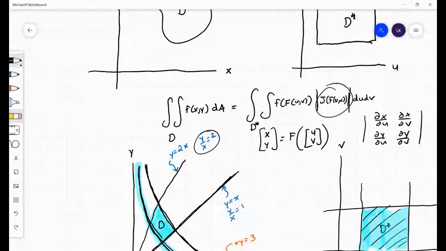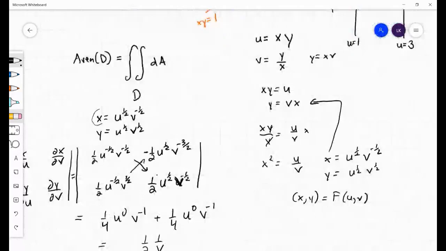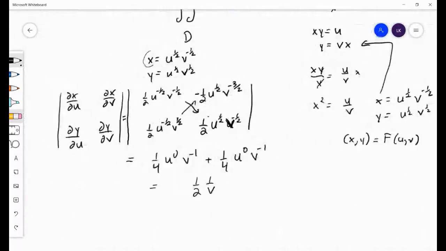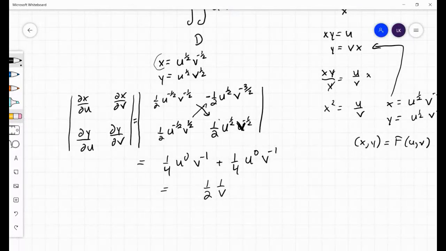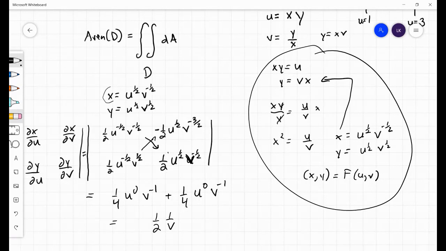Did you do substitution? I mean, like over here? How did I solve for x and y in terms of u and v? Well, I essentially plugged in, we substituted for y.